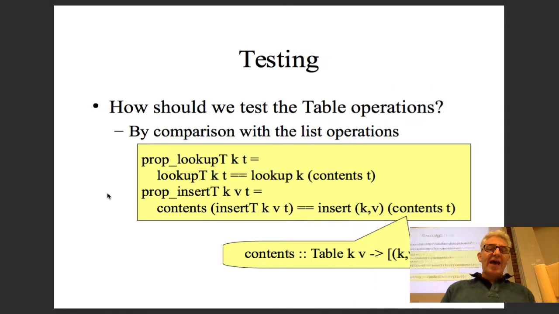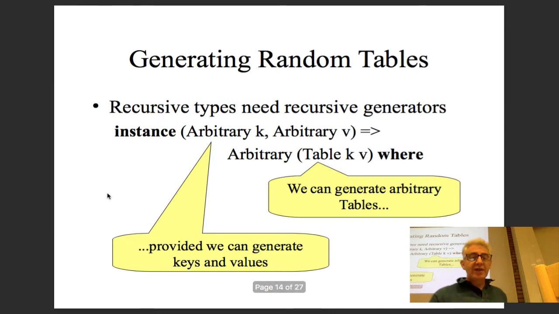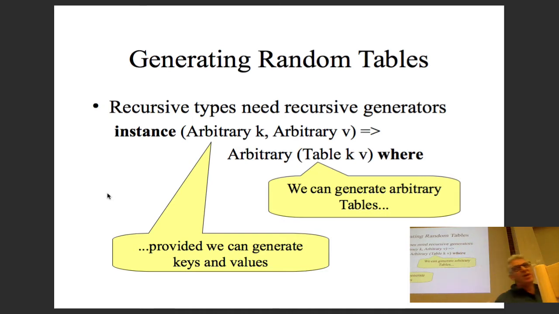But in order to run that, we need to generate random tables. So we need to make Table K V an instance of Arbitrary, just like we did with expressions. But because this is polymorphic, what we have to do to make Table an instance of Arbitrary is we have to assume that K and V are already instances of Arbitrary.